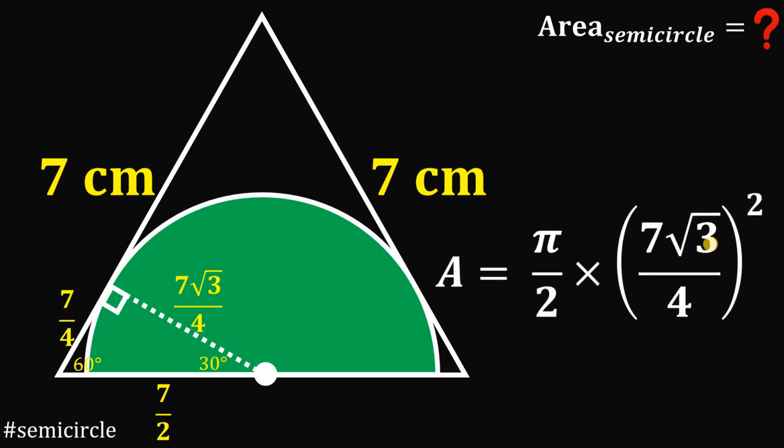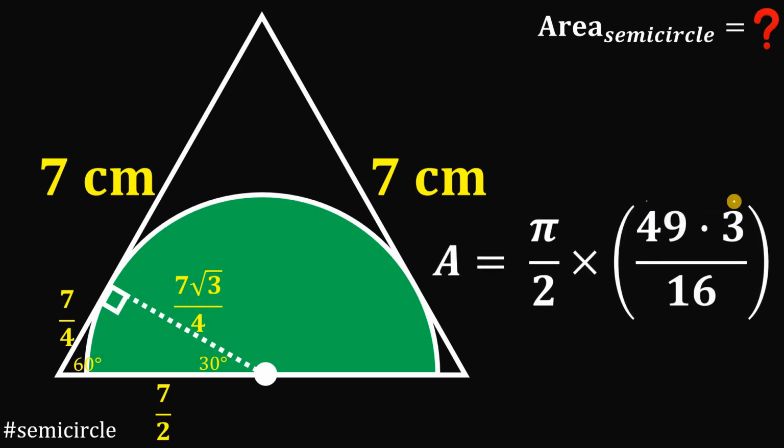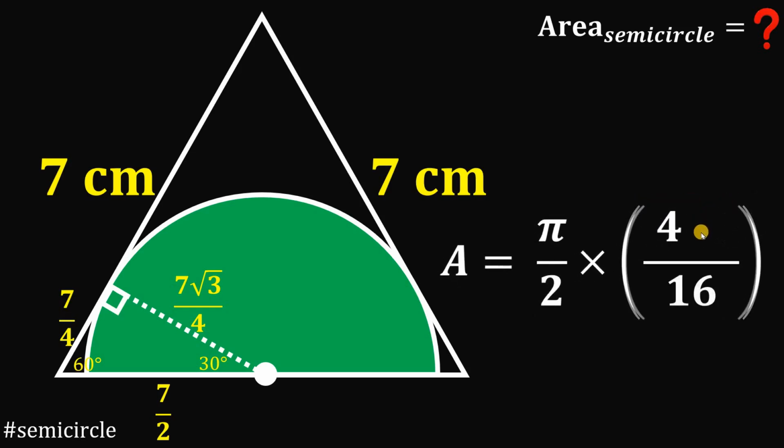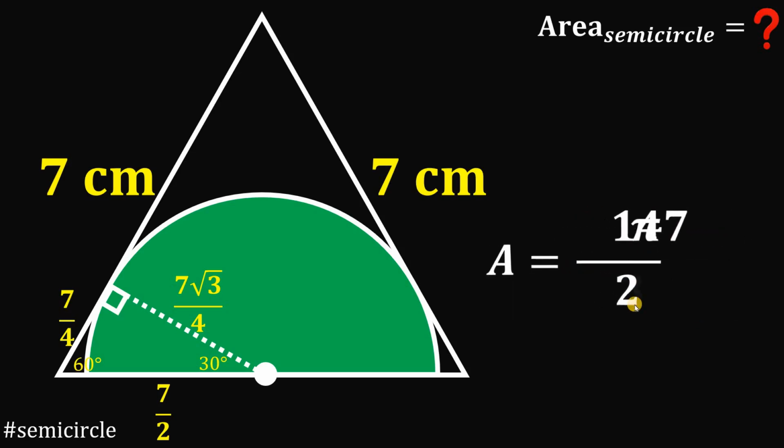If we square this, 7 times square root of 3 squared gives us 49 times 3, and on the denominator we have 16. Now, 49 multiplied by 3 gives us 147. And pi over 2 multiplied by 147 over 16 gives us 147 pi all over 32.